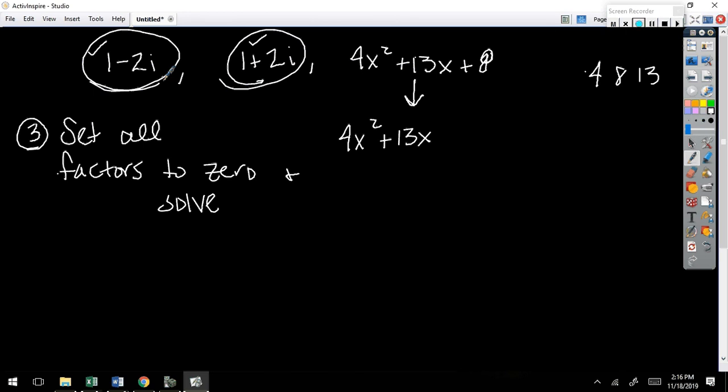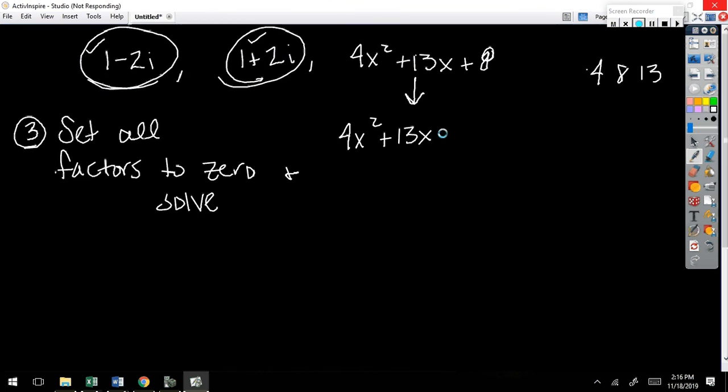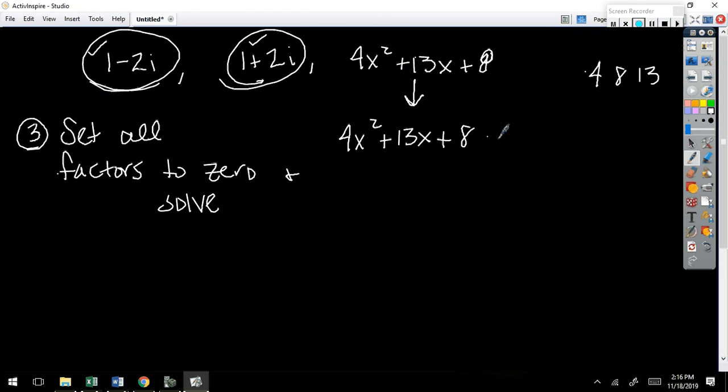So of course I'm going to try to factor first. 4 times 8 is 32. What multiplies to 32 but adds to 13? Nothing multiplies there. So because it's a quadratic, I have to use the quadratic formula, which is, remember, opposite b plus or minus the square root of b squared minus 4ac all over 2a.